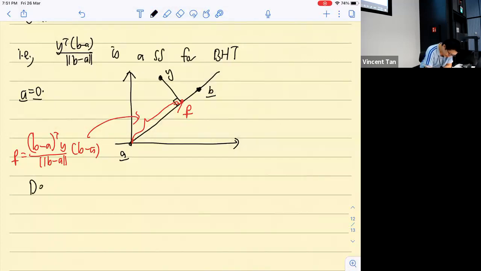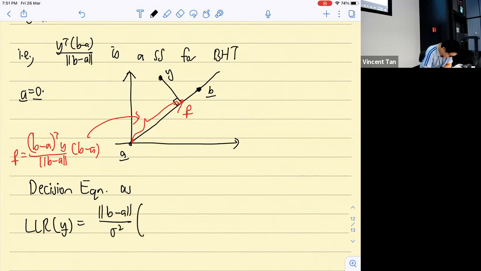So we can also rewrite the decision equation above as LLR, which is a log likelihood ratio, taking in Y, as B minus A over sigma squared times B minus A transpose Y over norm of B minus A, minus B minus A transpose B plus A. This is just a matter of bookkeeping.